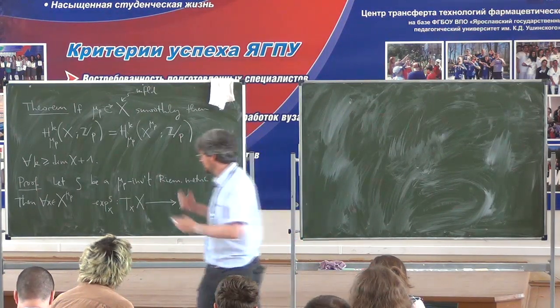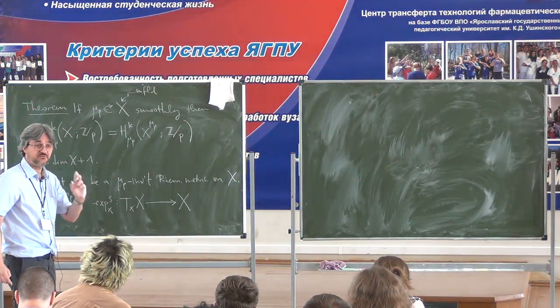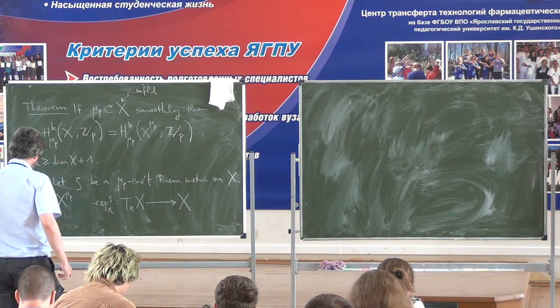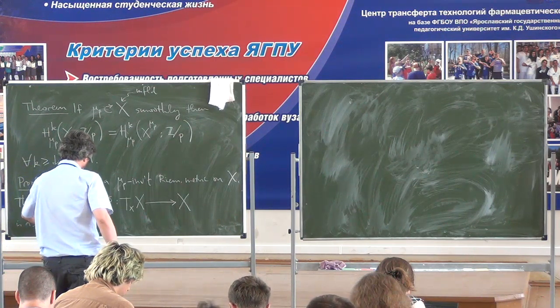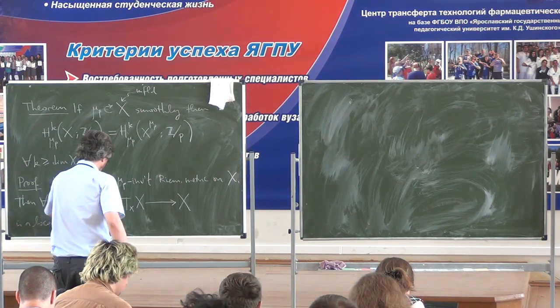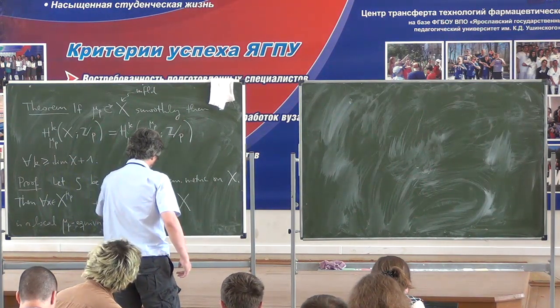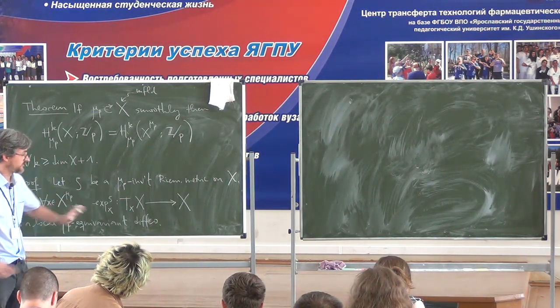Let's ignore this fact. The important thing is that this is a local diffeomorphism and it is equivariant. Okay? But I insist, it is only in general defined in a neighborhood of 0.